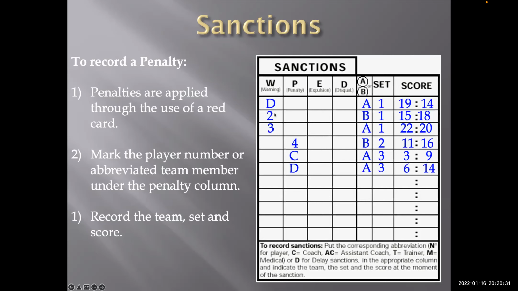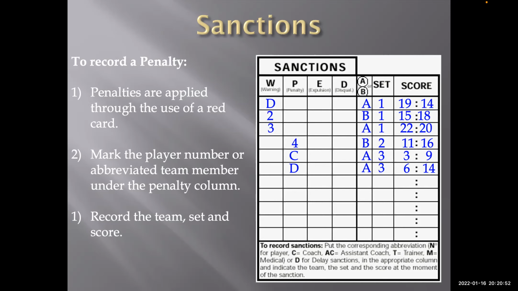A team only gets 1 warning, so you should only ever see one of these. Now, that being said, the referee is responsible for doing that. They shouldn't give another one. If they do give a second one, you can ask them what to do, because they're now not doing things the right way, or remind them that they've already given a warning to that team and that they need to now go to the next step.